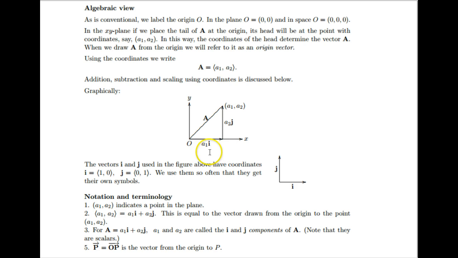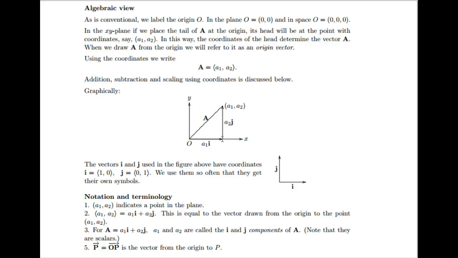And the little trick that we do here is we say, okay, let's have a vector I that has unit length, and it goes in the x direction. So it's exactly length 1, and it goes in the x direction. If we multiply I by the scalar A1, then that vector A1 times I is going to be exactly the length of A1, and it's going to go right along the x-axis.